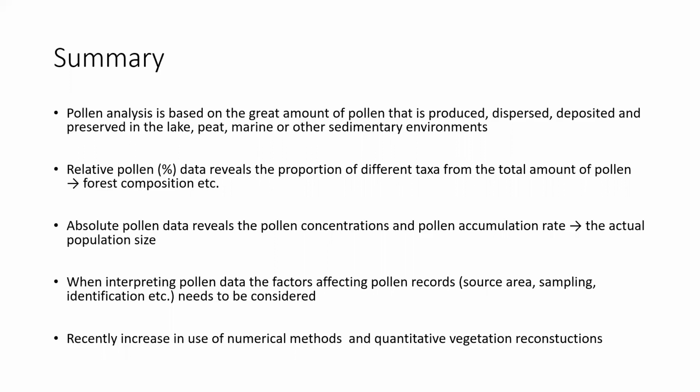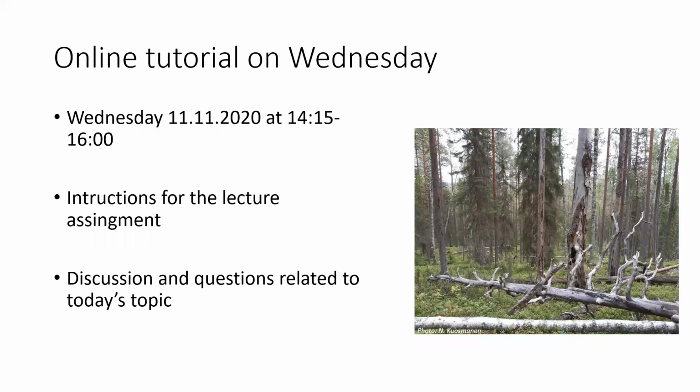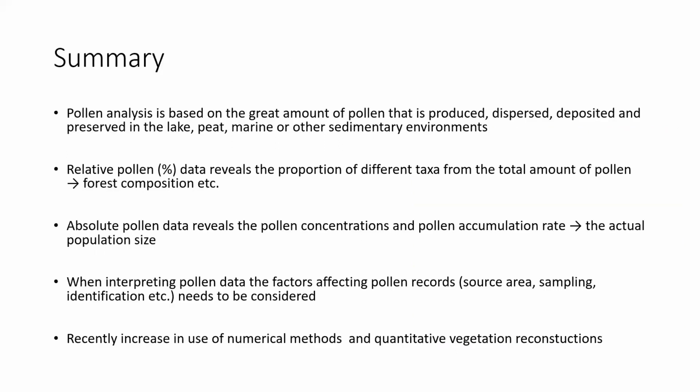There are also many factors affecting the pollen records, which affect the information we are able to get from them, what we see in the pollen diagram, and how to interpret the data. Recently there's been a huge increase in the use of numerical and quantitative methods in vegetation reconstructions, and in the next lecture we will concentrate more on this.